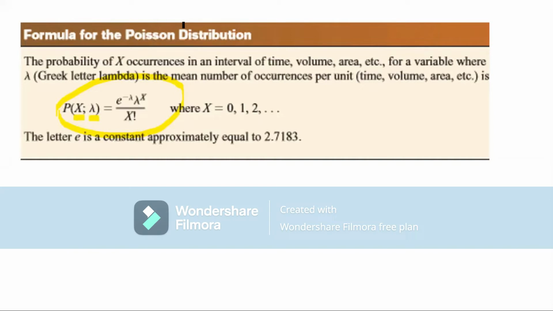Or you just need to know the mean number of occurrences per unit time, volume, and area, right? So if you look at this equation, x is again the number of successes, e is the constant, which is equivalent to the value of 2.7183, and lambda is the average, and x is again the success.